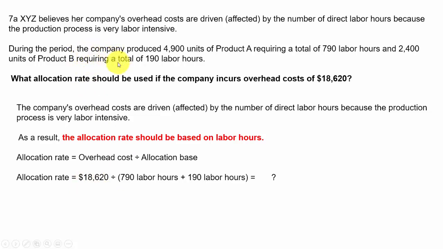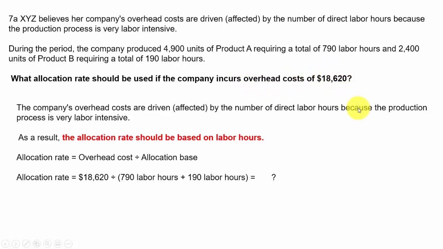It says that during this period of time we've got direct labor hours of 790 for product A, and we've also got 190 hours that we spent on labor for product B. So the total hours of labor that we spent, we're going to add those two together. We're going to divide the total we spent on overhead, which they just gave us, by that. That is what the allocation rate should be if the company incurs, that is spends, that much overhead.